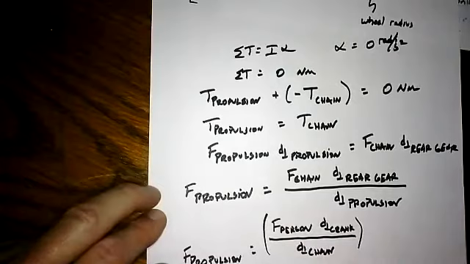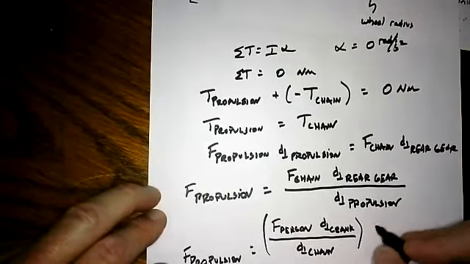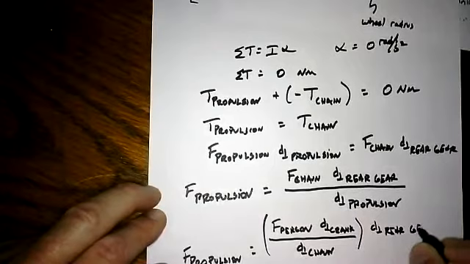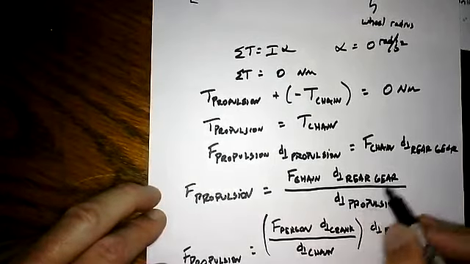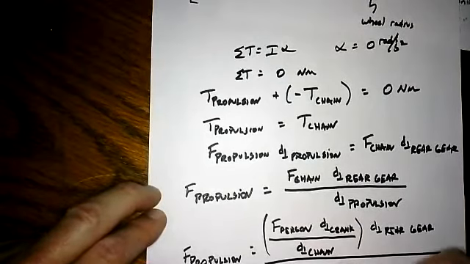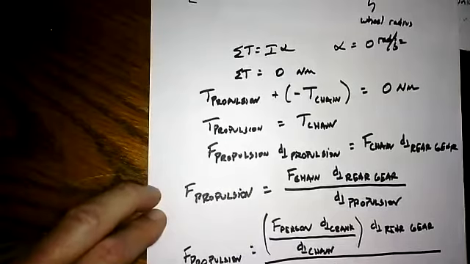That's all from part 1, okay? Times D perpendicular rear gear from right here, all divided by D perpendicular propulsion. And this is the wheel diameter, or excuse me, wheel radius.